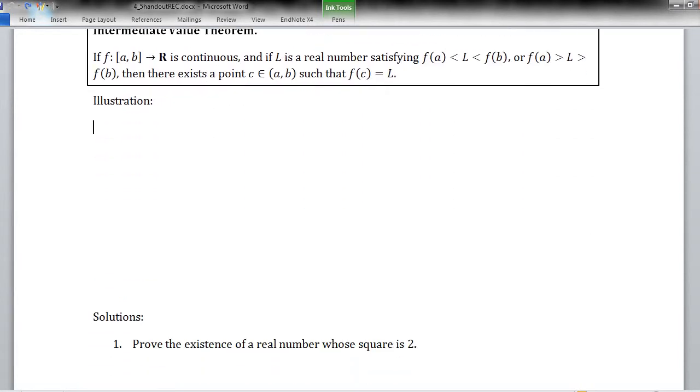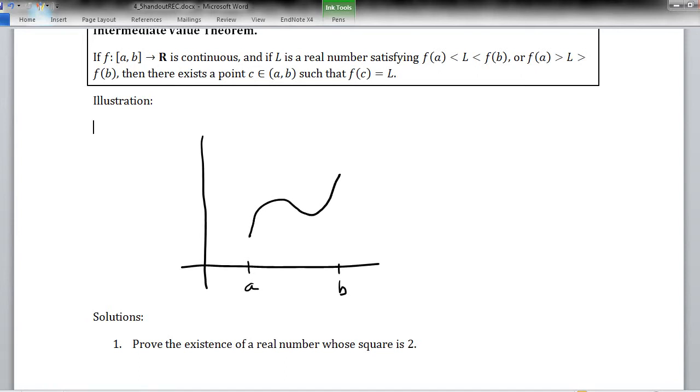Okay, so let's try and illustrate the theorem. Draw our axes, and we have the domain from a to b. Let's try and draw a function with that domain. Maybe something like this.